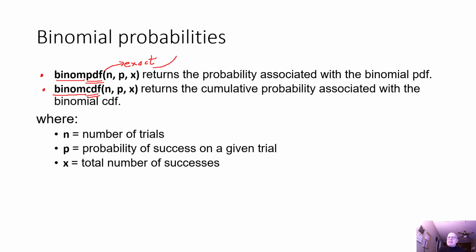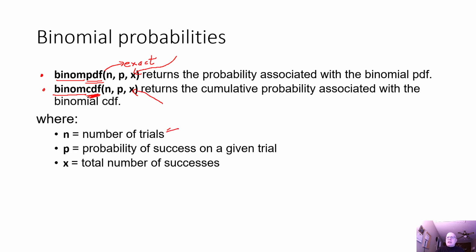If you're looking for exactly X, whatever the result is you're looking for, maybe heads, then you need a binomial PDF. If you want some kind of inequality, say more than this or less than this or between these, you want to use the CDF version of the binomial functions.